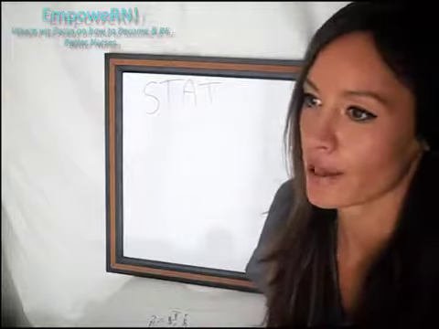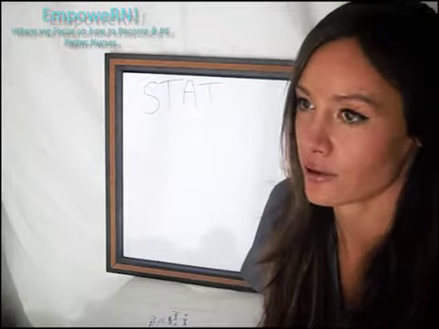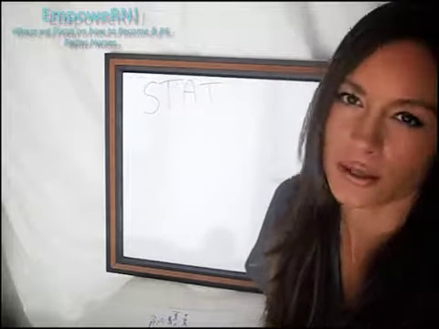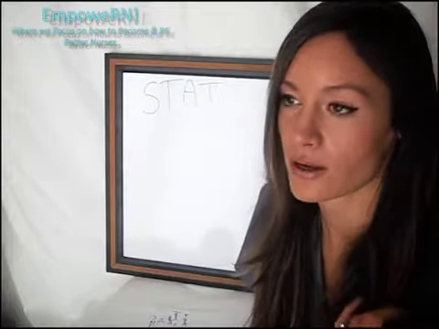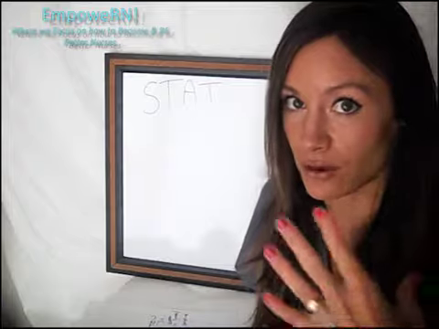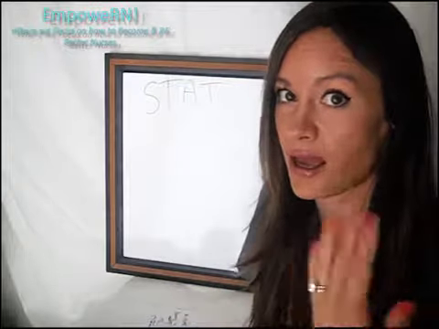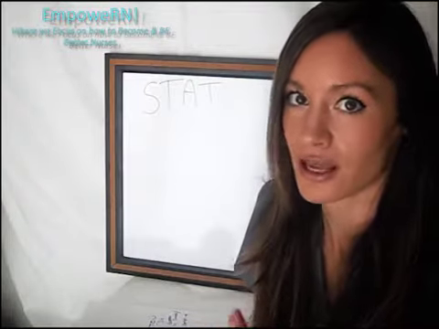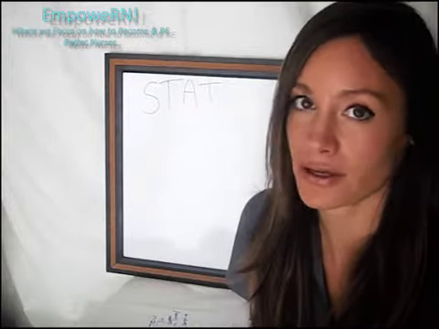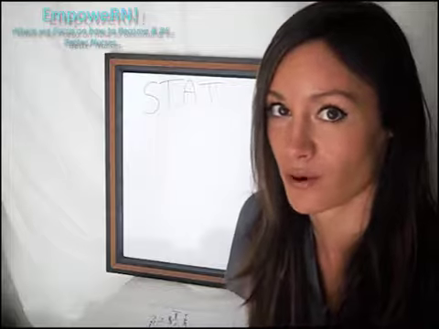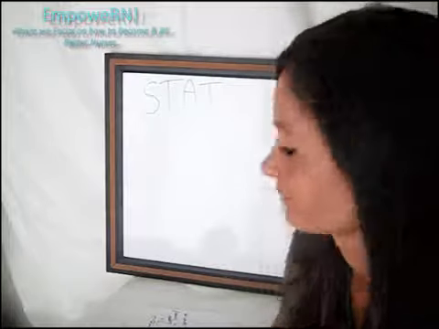So a doctor might order Lasix 20 milligrams IV stat, because Lasix takes a lot of the extra fluid from the lungs and gets it out of the lungs. So this is a really important medication that we need to give ASAP because it's usually given for shortness of breath and the patient needs that right away.